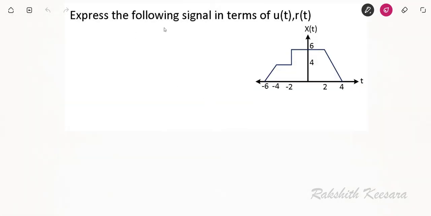Next, express the following signal in terms of u of t and r of t. So let us start by writing the equations. The equation of this line: slope will be 4 by 2, slope will be 2. So y equal to 2t plus c.